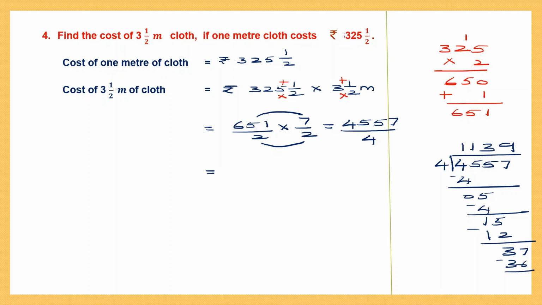And the remainder is 1. So now we get a mixed number 1139 1 by 4. Since this is a cost, we put the rupees symbol here. So we have found the cost of 3.5 meters of cloth, which is 1139 1 by 4 rupees.